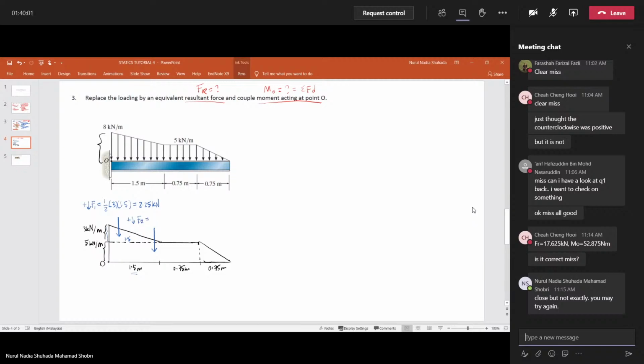Okay, so the area is width times height, then guys put 5 here, 5 kilonewton meter, times with 1.5 plus 0.75. Then you guys will get the total to be 11.25 kilonewton. Okay, now we solve the third area here.